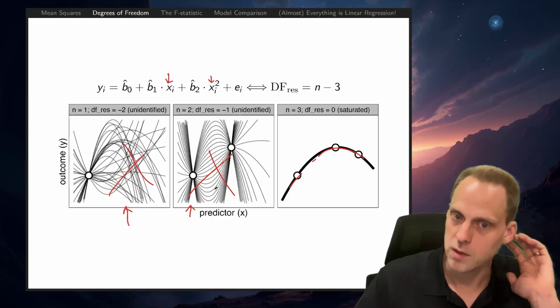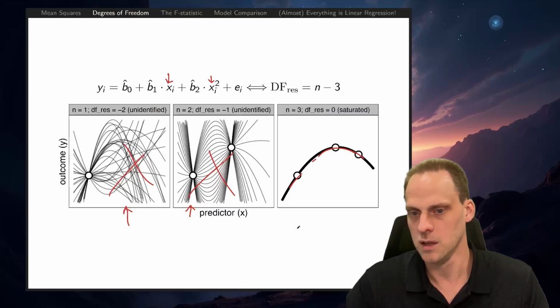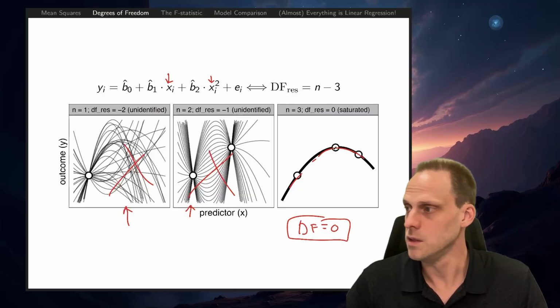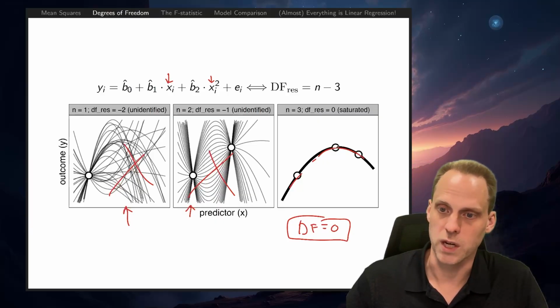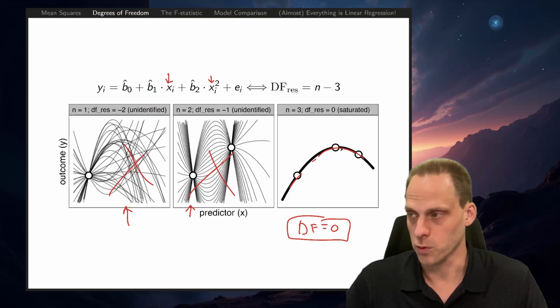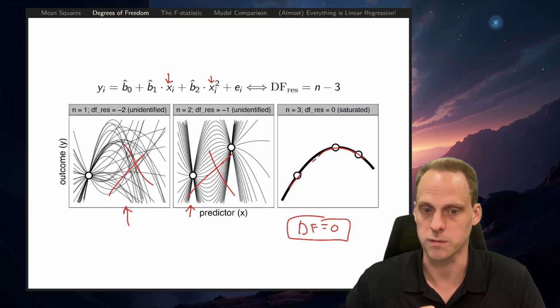There are too many possible lines. Only with 3 points can we estimate a line, but because degrees of freedom here equals 0, we can't estimate residual variance, which means that we don't have a residual mean squares, which means we can't assess if this is a good model or not, because we want to look at if this residual mean squares is going down.